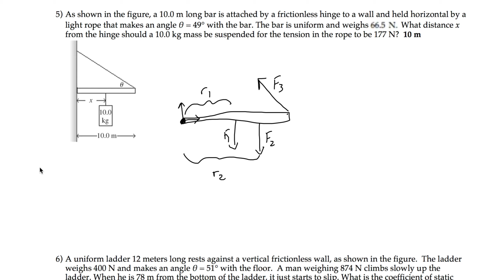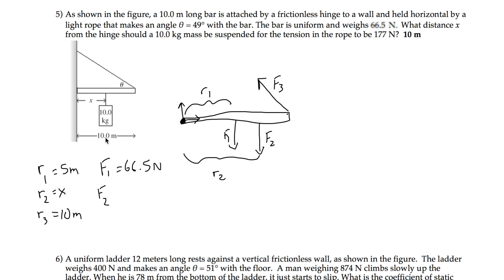So let's go ahead and define everything. R1 is going to be half of the length of the bar. This is going to be 5 meters. R2, we don't know what it is. That's the X. And R3 is the whole length of the bar, which is 10 meters. Let's define our forces. F1 is going to be the weight of the bar, which is 66.5 newtons.